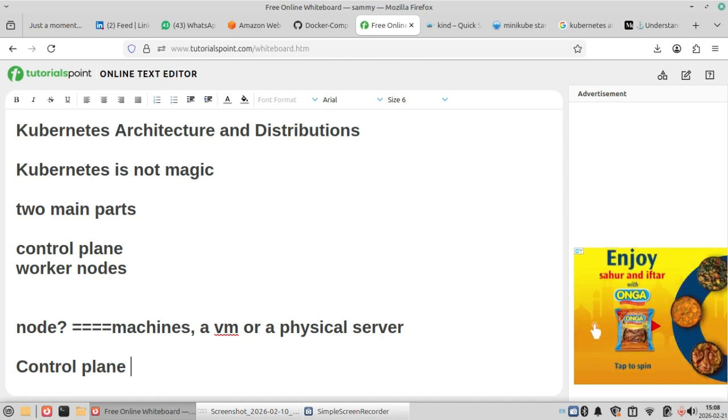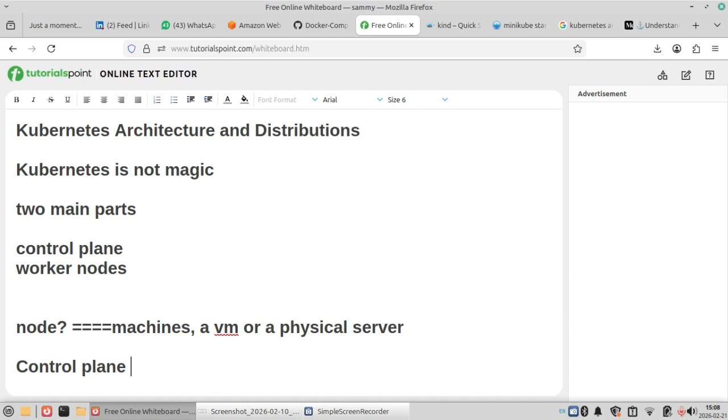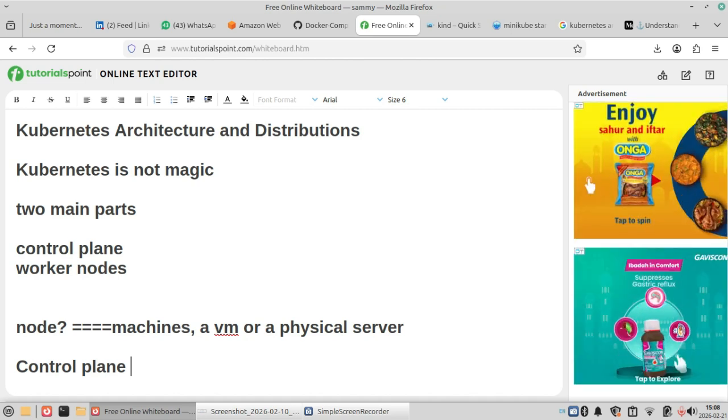It is responsible for deciding what should run, where it should run, and for watching that the cluster stays in the desired state. If Kubernetes were a company, the control plane is simply the management.